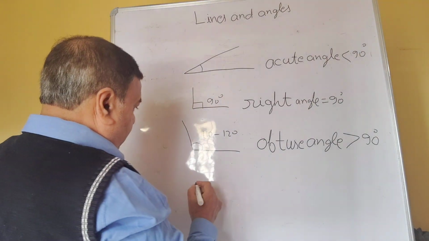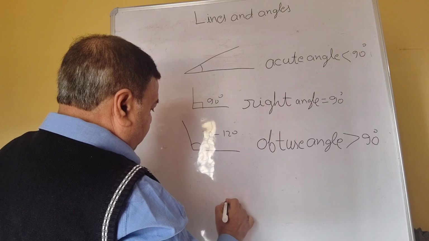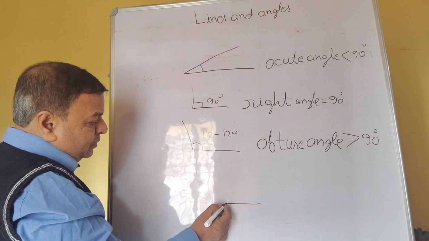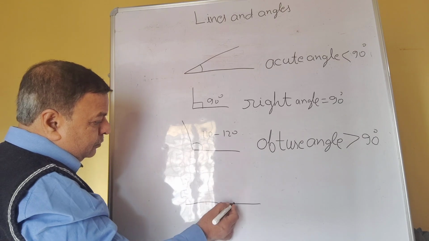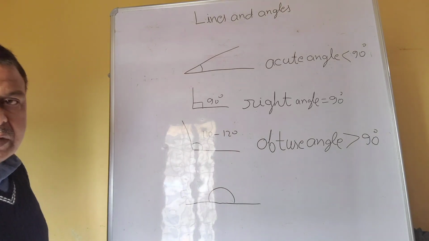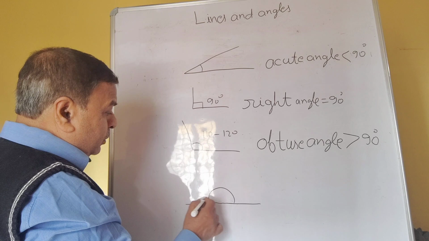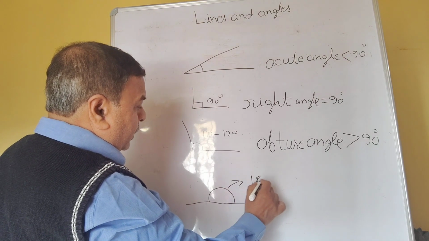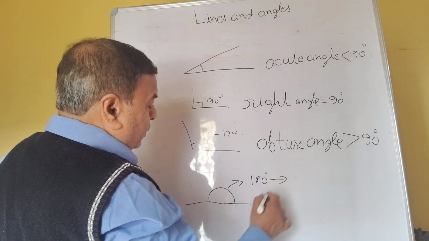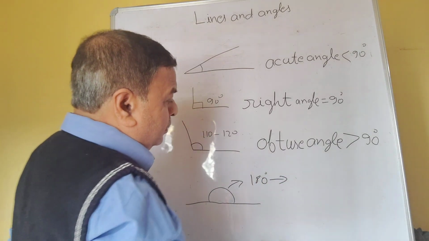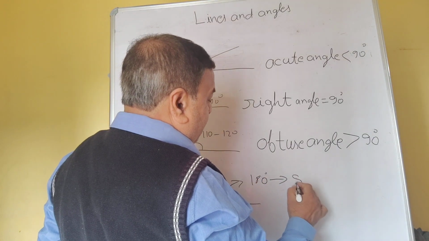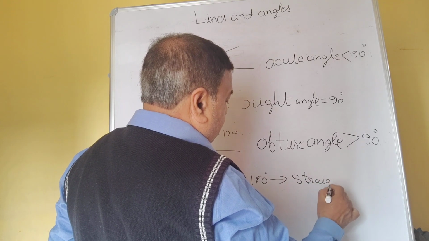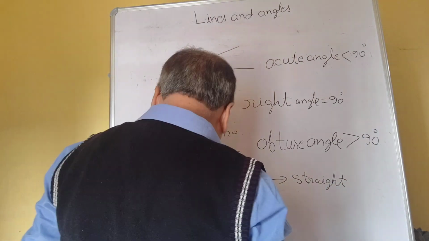Now, if we make the angle straight, we draw a straight line here. This angle is 180 degree. If the angle is 180 degree, it means it is a straight angle.